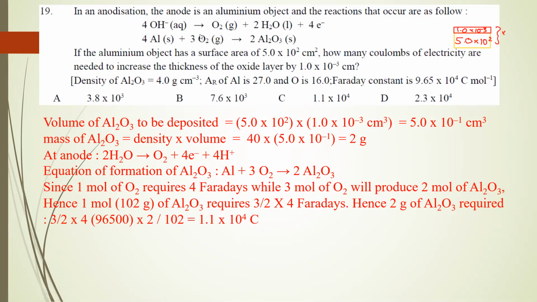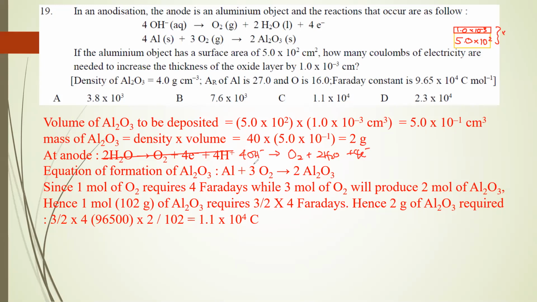At the anode, the half equation is 4OH- gives O2 + 2H2O + 4e-. Sorry, I used the wrong equation at first, but it is more or less the same. You have to balance the electrons so they become the same.